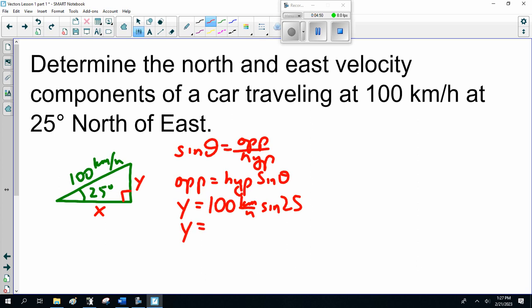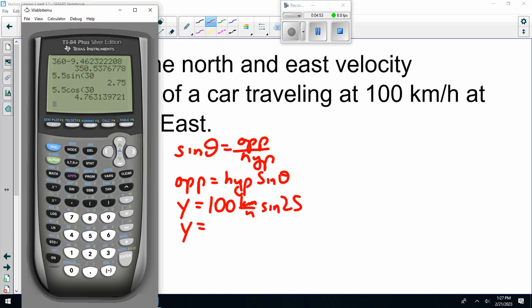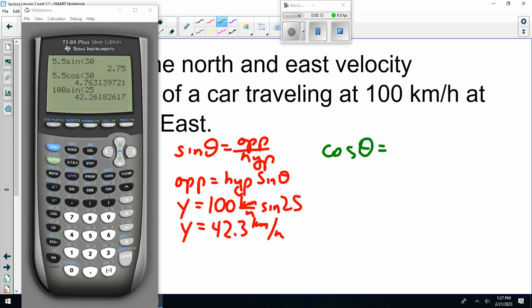Is that 28, 26? Why don't I just calculate it instead of guessing? 100 sine 25. More than I thought. 42.3 kilometers an hour. Now, cos of theta is adjacent over hypotenuse, or adjacent is hypotenuse cos theta.